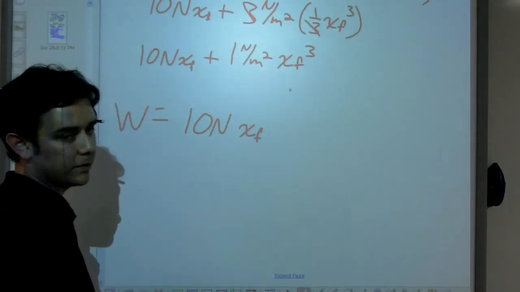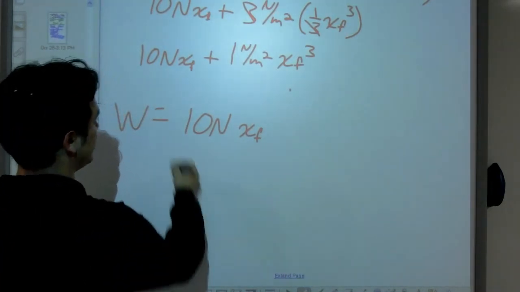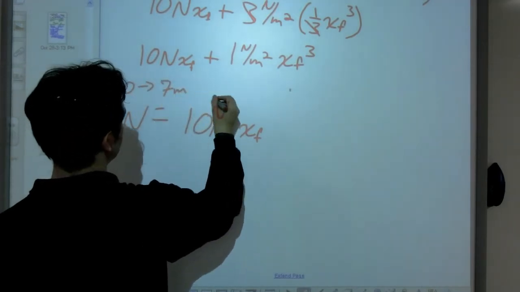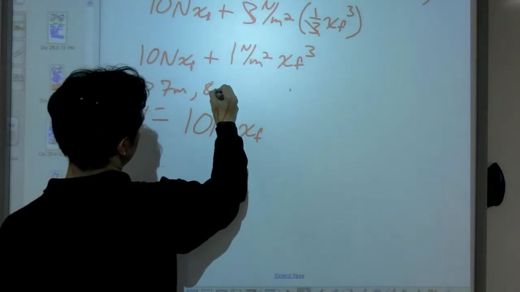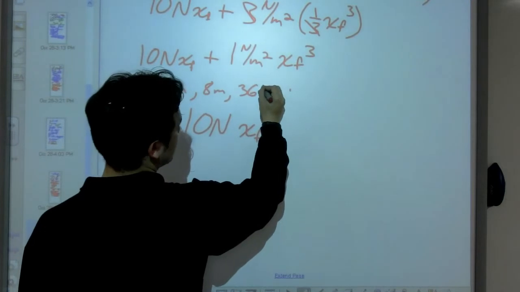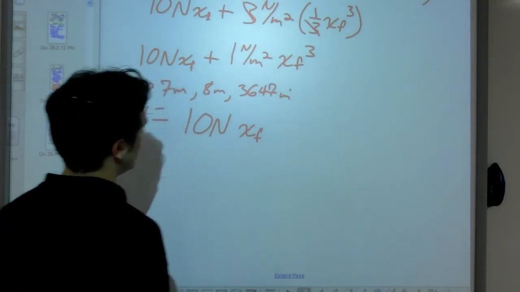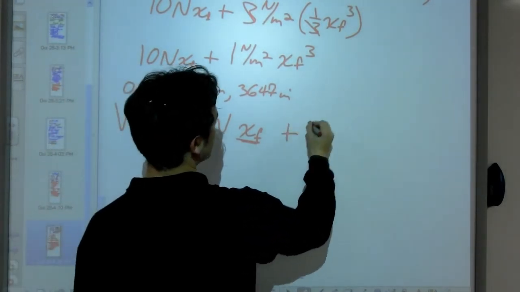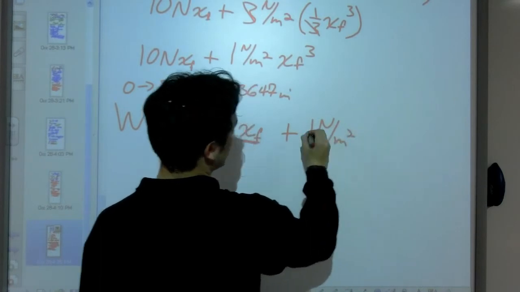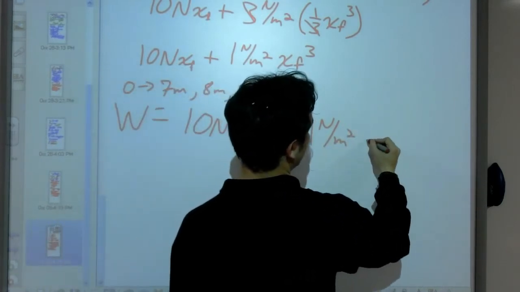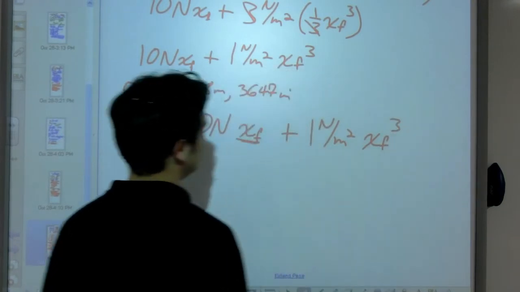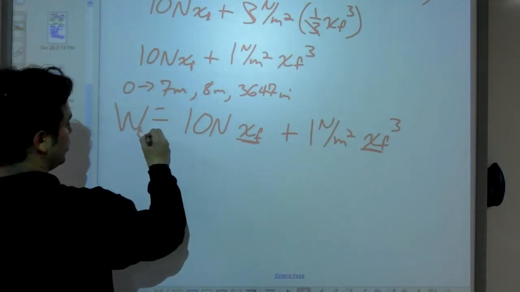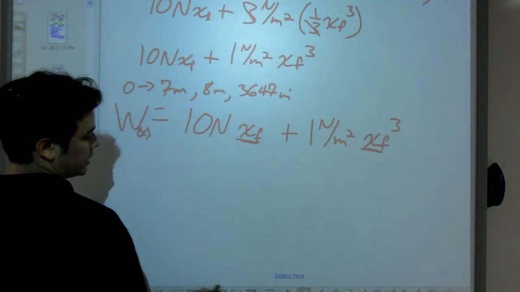So this is basically just my variable x, because I could say anything, if we start at 0, we go all the way to 7 meters, or I could arbitrarily say 8 meters, or 3,647 meters. I can plug in just about anything, so this is just my variable x, plus 1 newton per meter squared times x final cubed. Since these are both just a nondescript placeholder, they're a variable, that's my work as a function of x.